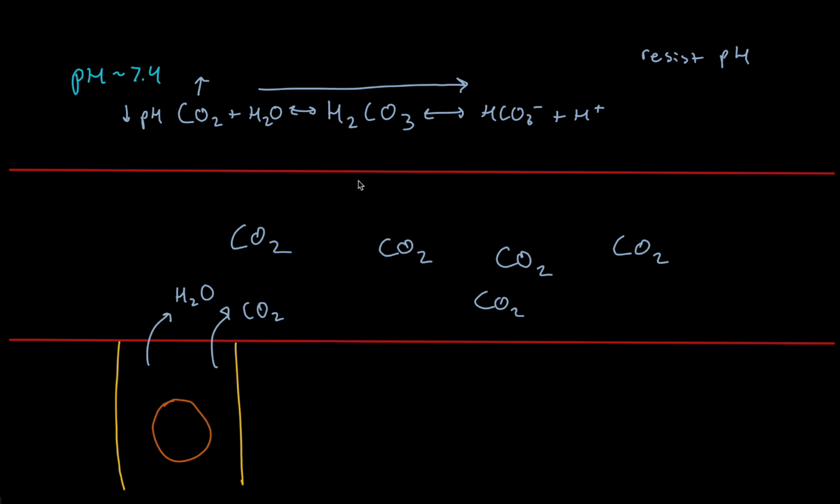To combat this decrease in pH, obviously you get out of the water and start breathing again. We have that decrease in CO2 because we're breathing out this CO2, so our carbon dioxide leaves the bloodstream, reestablishing our pH.